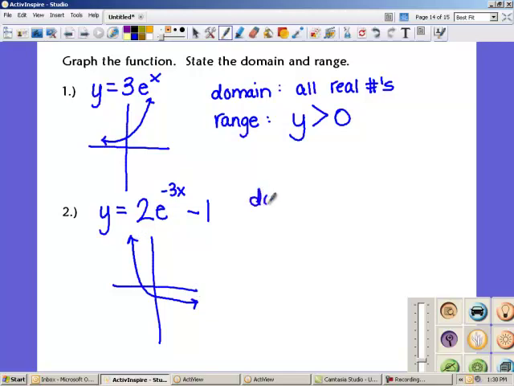And we do domain and range. Domain, it is going in the positive and negative side of the x, so all real numbers again. In the range, looks like the graph stays above a number down here. We have to figure out what that number is.